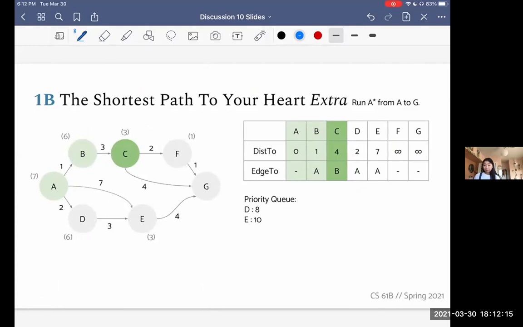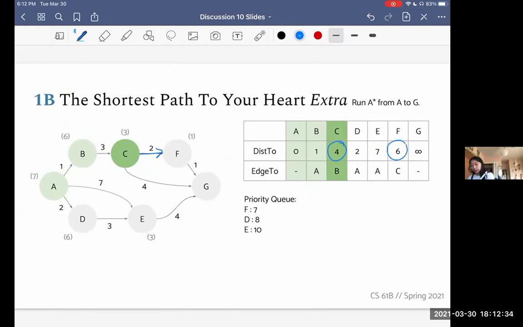Now from C, we finalize our distance to C, and we go look at our children. So first we might look at F. And just like in Dijkstra's, our distance to F is cumulative. So it's going to be the distance to get to C plus this edge from C to F, which is 2.